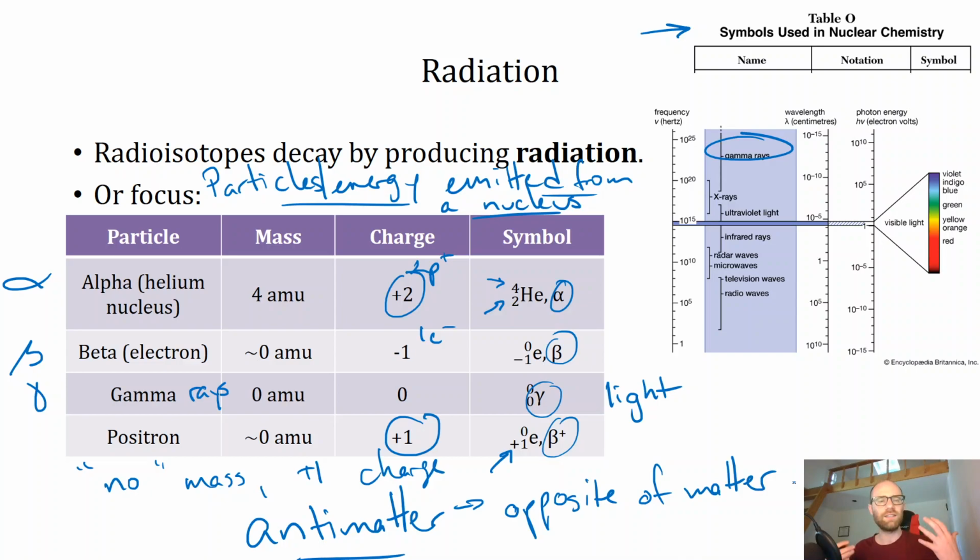And the idea is there's balance in a lot of what we've seen in chemistry. Mass, charge, energy. There's a balance of matter. You can't create matter out of nothing. And so if matter is to be created, there has to be antimatter.